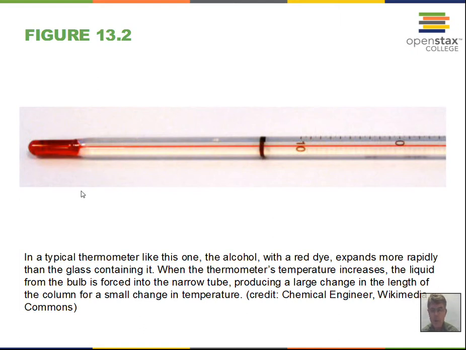There are 100 units between freezing and boiling on the Celsius scale. On the Fahrenheit scale, it goes from 32 for freezing to 212 for boiling. There are 180 units of temperature on the Fahrenheit scale between our calibration points. So 100 units on the Celsius scale, 180 units on the Fahrenheit scale.